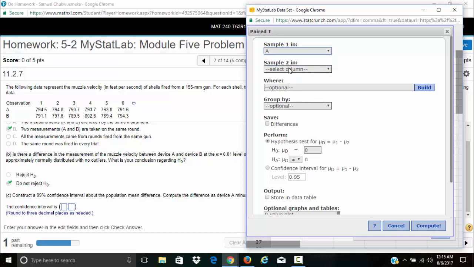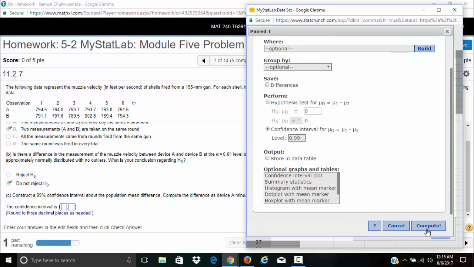Sample 1 is A, sample 2 is B. In this case, you're not performing a hypothesis test. You want to construct a confidence interval. So you check this option, and this is 99%. If you convert 99% to decimal, it is 0.99. And then you click compute.